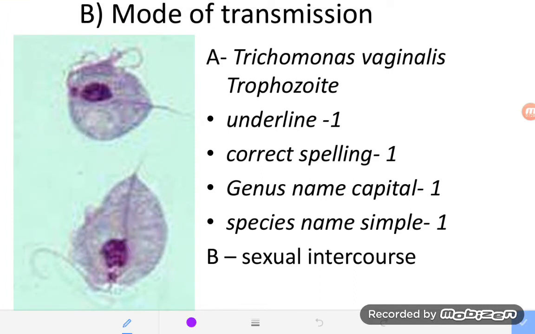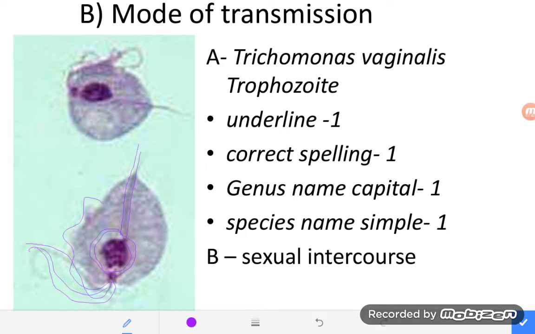This is the nucleus, right, dark purple color. Here you can see the axostyle, and here you can see the flagella, 4 to 5 flagella. In this area you can see the undulating membrane. By using this undulating membrane you can differentiate Trichomonas vaginalis and Trichomonas hominis.